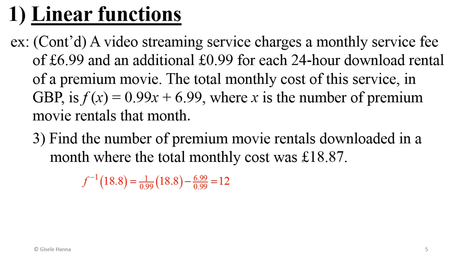To find the number of movie rentals, we replace x in f inverse by 18.87, since the inverse function represents the number of movie rentals. So f inverse of 18.87 leads us to 12. Therefore, 12 movies would cost 18.87 pounds.